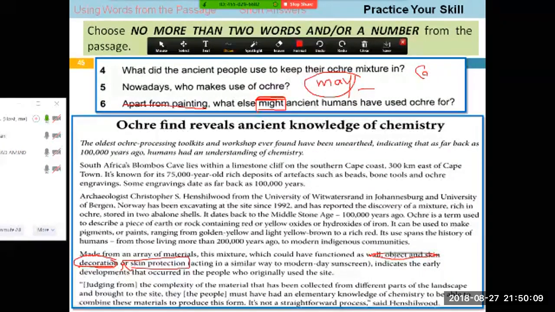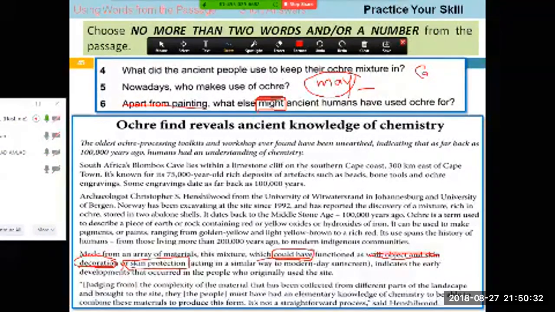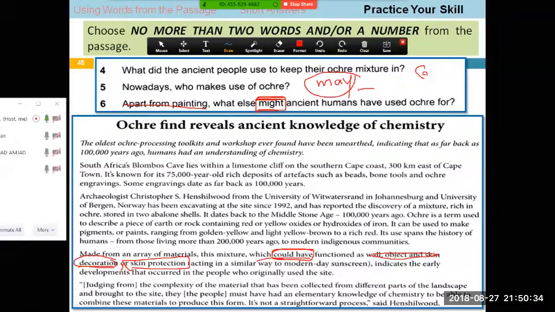According to their estimates, they are guessing that ancient people might have been using an ochre mixture for these purposes. Now look at this sentence here in the passage. Could have functioned. These two words are also producing the same meaning as that of might, isn't it?